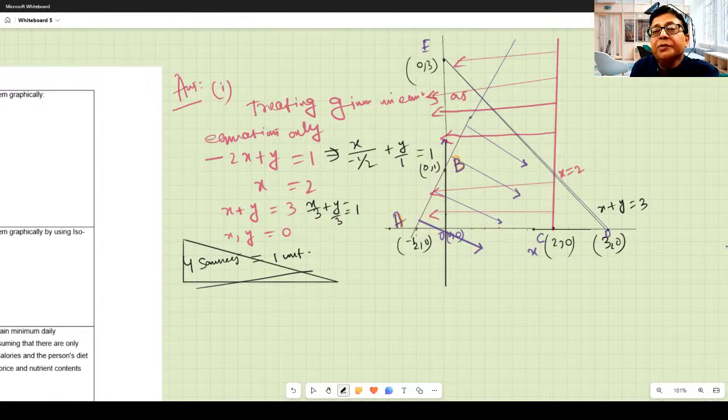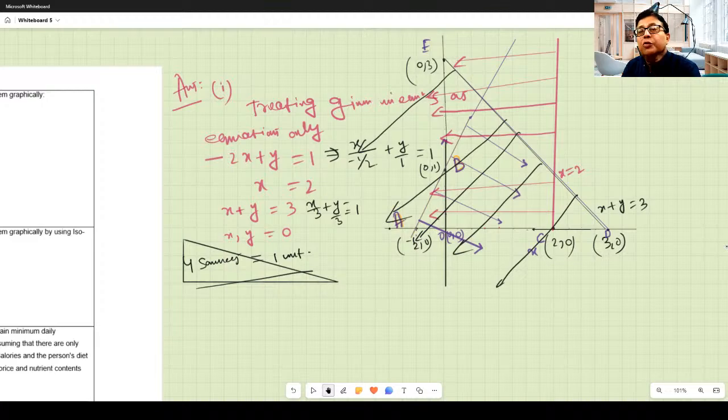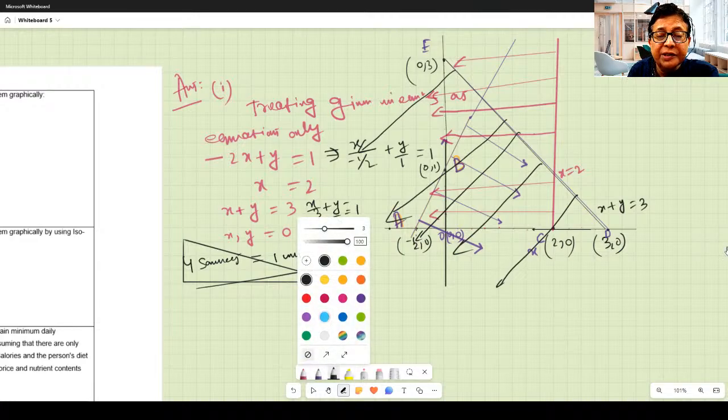So region will be directed towards the origin. Clear? Hope you are understanding. So common region, you all can see that common region is the intersection of these three colors. This one, and this one. So for the common region I am using another, different ink over there. This is going to be our common region, this thing. Okay?